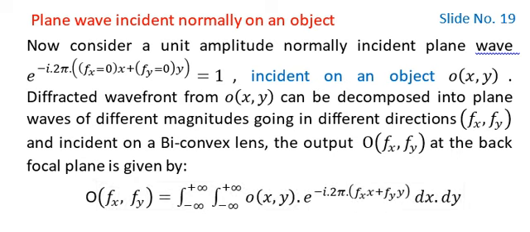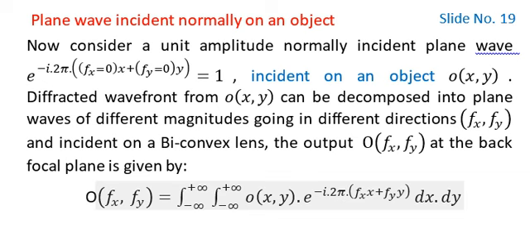Now you know that this is a very important integral, and this integral is also referred to as the Fourier transform of the small object O of x y. On the left hand side the capital O indicates the contribution at the Fourier plane, and on the right hand side we have O of x y, which is the object in the space variables x and y.